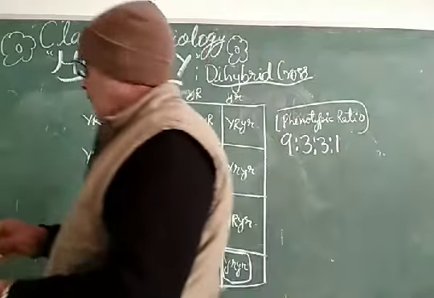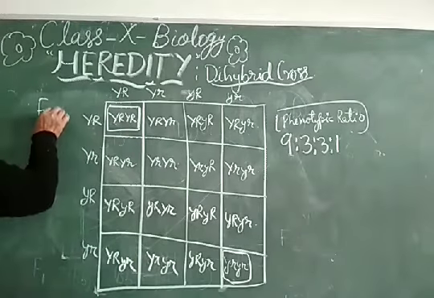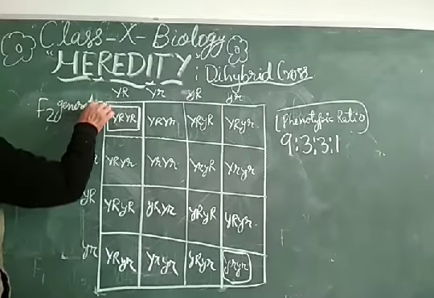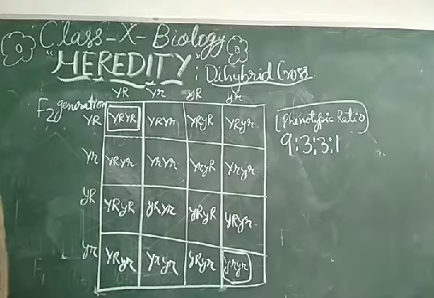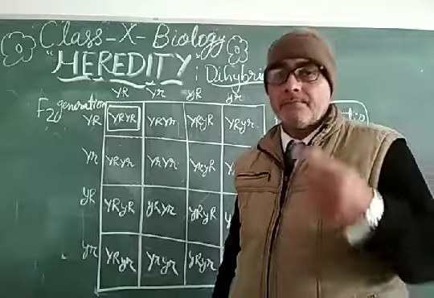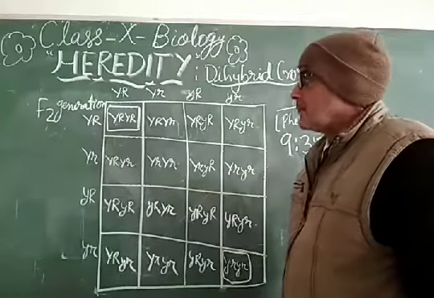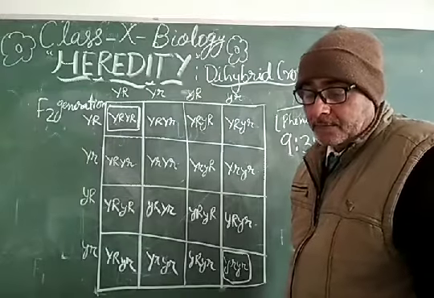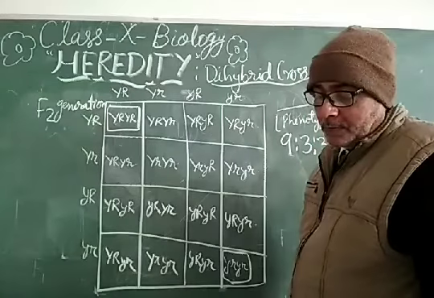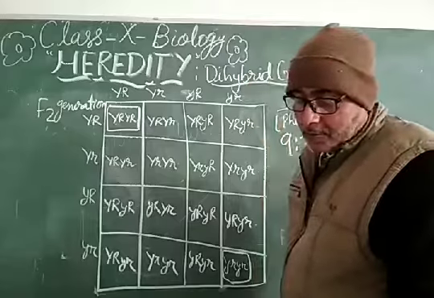So when taking the dihybrid cross, this is the F2 generation, which is expressing the presence of the different types of progenies in these 16 square boxes, and this is called Punnett square. Dear students, Mendel explained the result by assuming that the round and yellow characters are dominant.